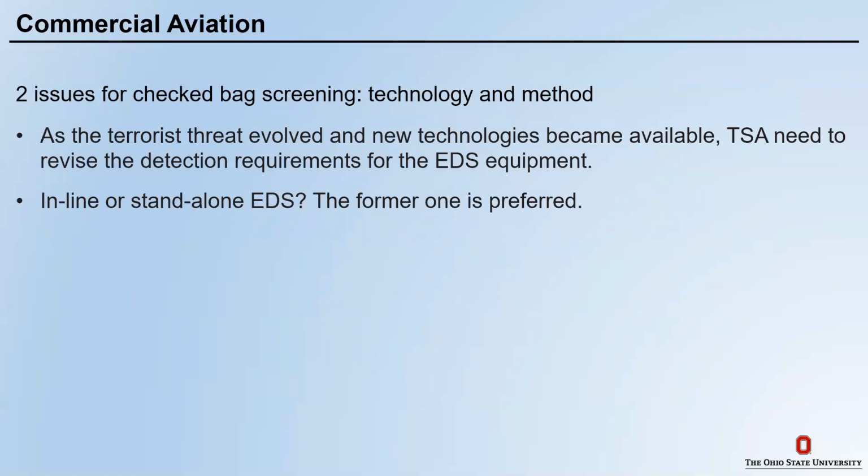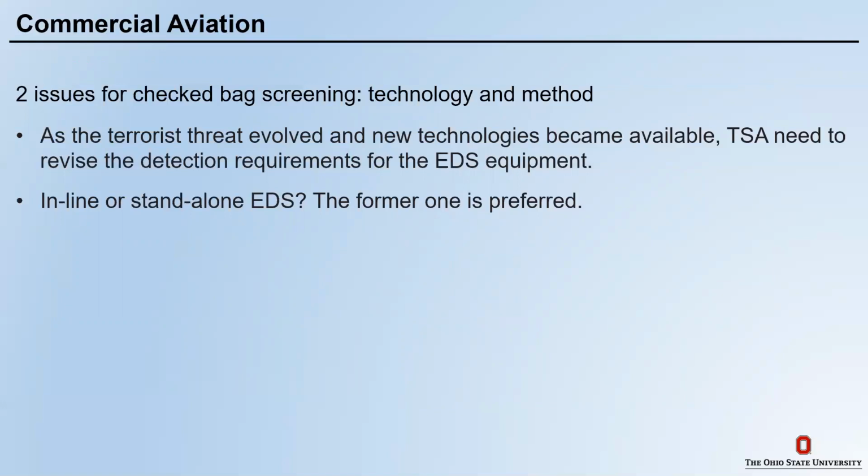As for technology, because terrorist threats evolve and new technologies become available, TSA needs to revise the detection requirements for the EDS equipment. They have to do this continuously, which means this is a long-term investment. It's like a black hole sucking more and more money into it.